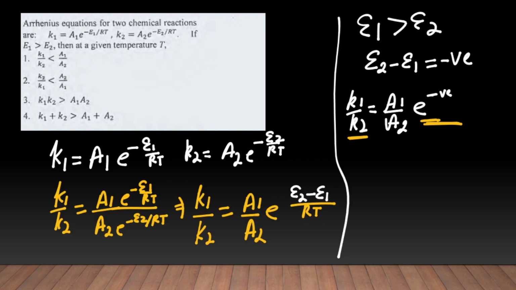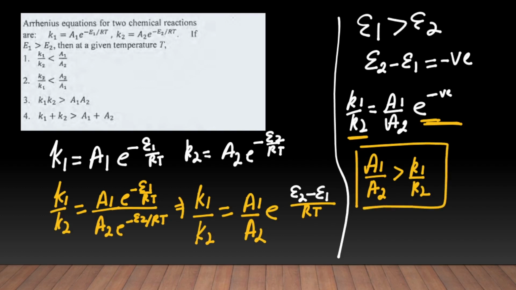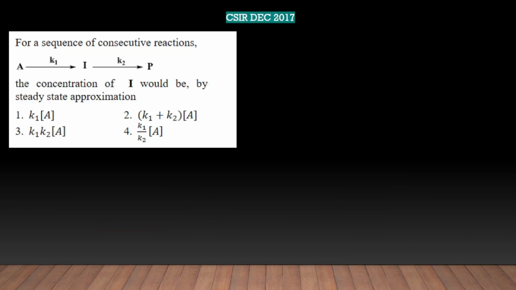So from here we get that A1 by A2 is going to be greater than K1 by K2. That is given to us in option A: A1 by A2 is greater than the ratio of K1 by K2. I hope it's clear. The next one we have is this question.